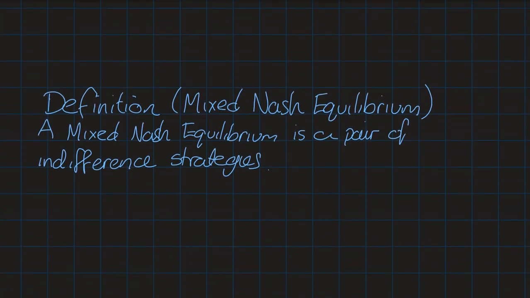Here's the definition. A mixed Nash equilibrium is simply a pair of indifference strategies, one for each player. That is all it is. The way you should think about a mixed Nash equilibrium is it's a point where both players force their opponent to have no good option.